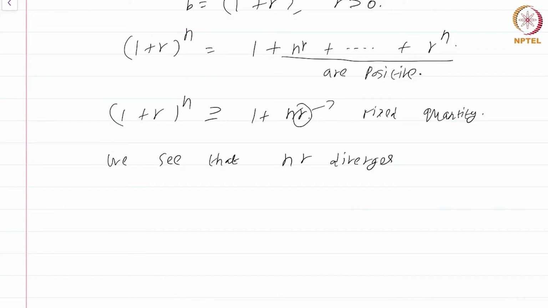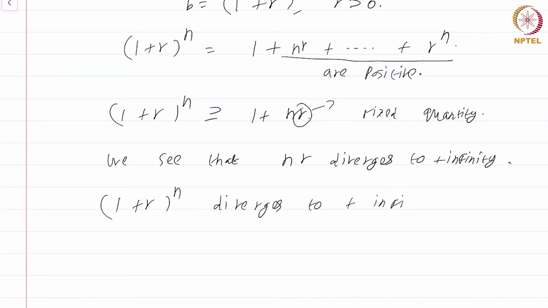Please recall the definition of what diverges to infinity means. This just means that nr can be made larger than any pre-specified number if n is large enough. In fact, you can precisely write down how large n has to be for nr to be greater than some capital M in terms of r. That is easy to do. So what this shows is 1 plus r power n also diverges to plus infinity.